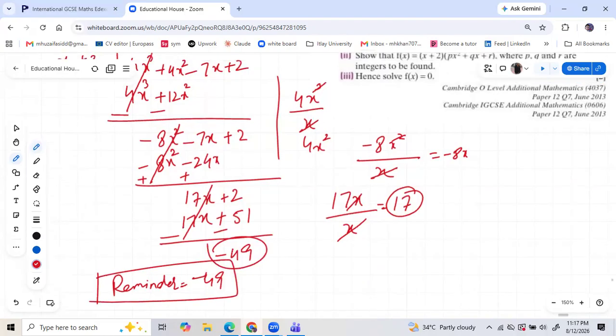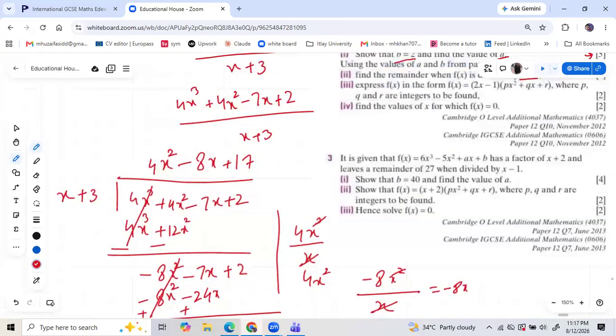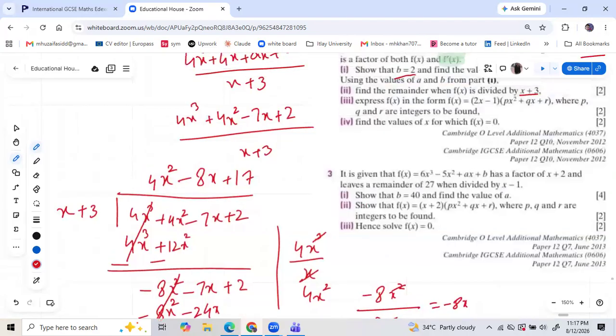Got it? Yes, sir. So you can go through it. Is there any confusion regarding this problem? Okay, I'll go through it, sir.